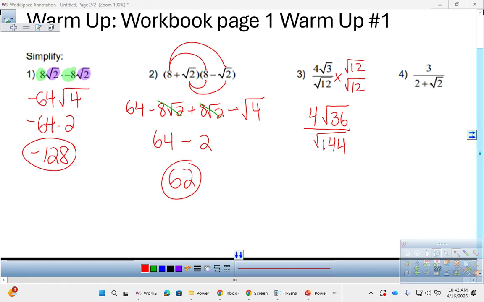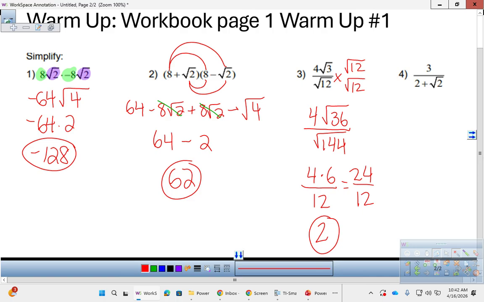So this problem becomes 4 times 6 over 12. 36 is a 6, 144 is a 12, or 24 over 12, or 2. Okay, that one?